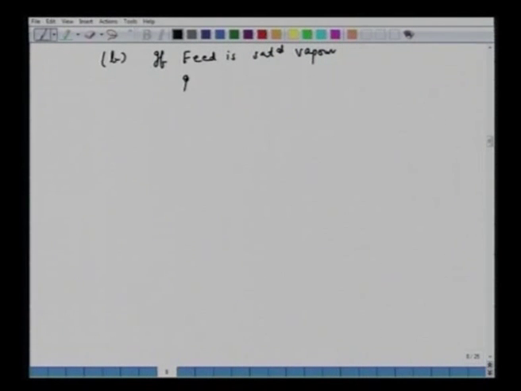So q is 0, q over q minus 1 is 0. All right, which means G bar equals G plus F, with a minus 1, or we are saying that G equals G bar plus F.